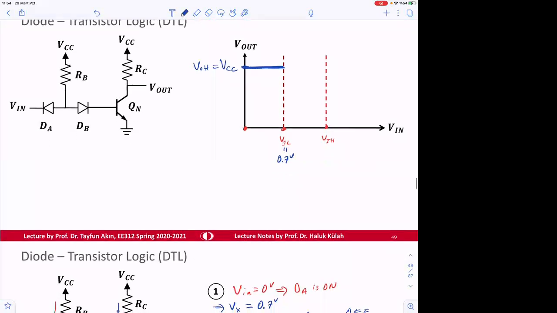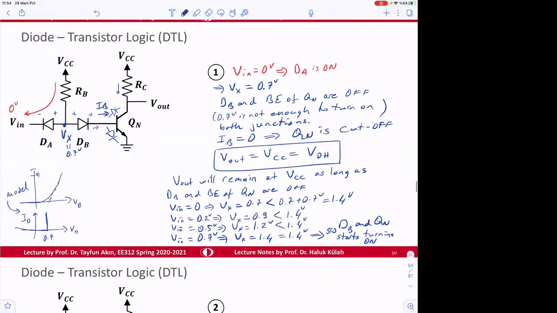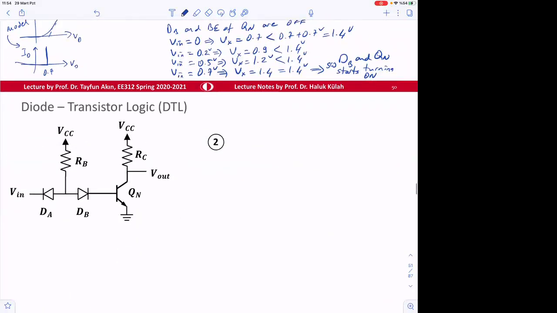What happens if the input is 0.71? Vin between 0.7 and 0.8 is the interesting point, because it is not really coinciding with our model.